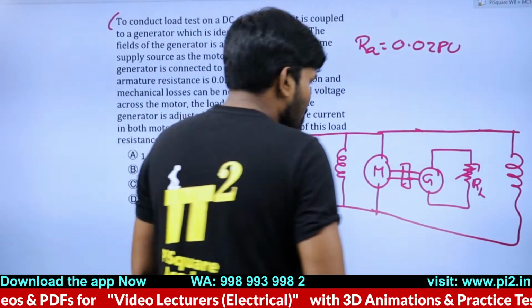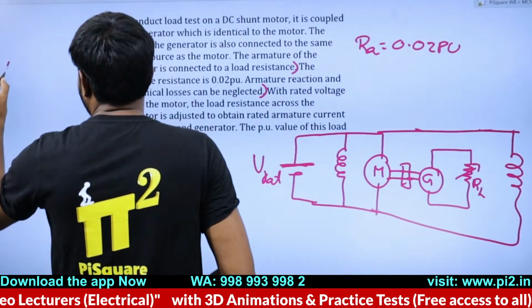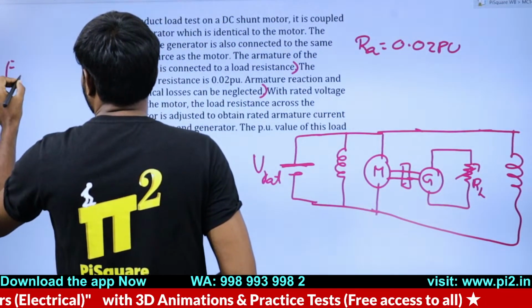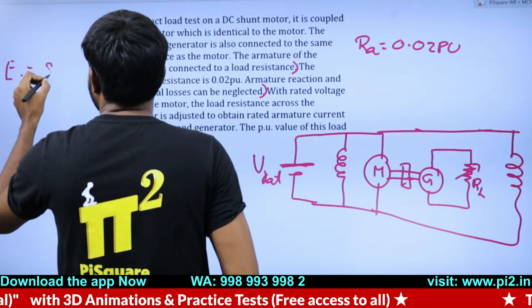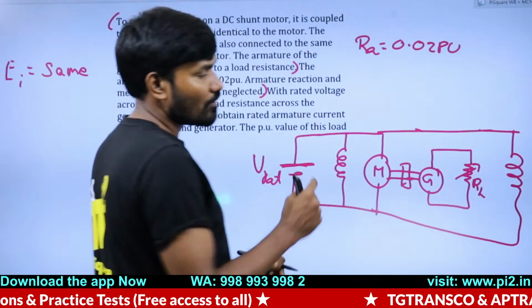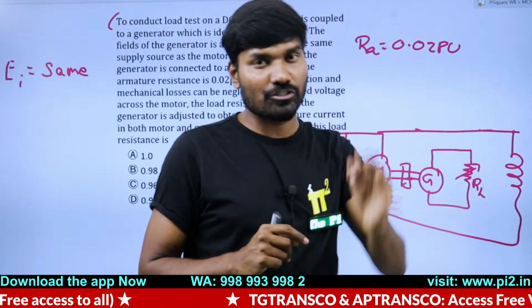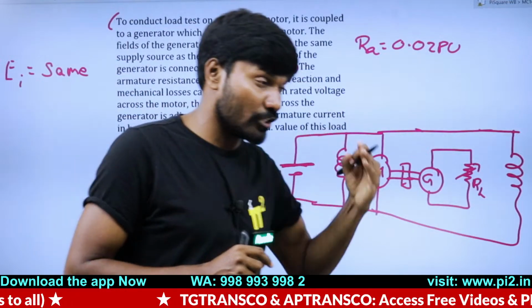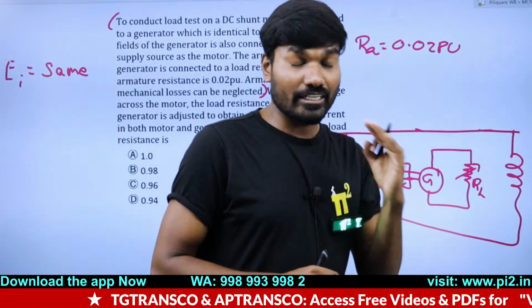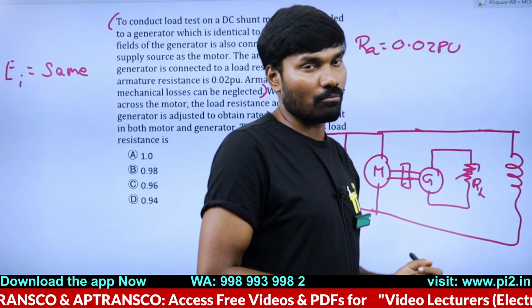Because the machines are identical, their induced EMFs are the same, since their flux and speed are the same. I'm not talking about the terminal voltage; the induced EMFs will be the same. That's the first thing to keep in mind.